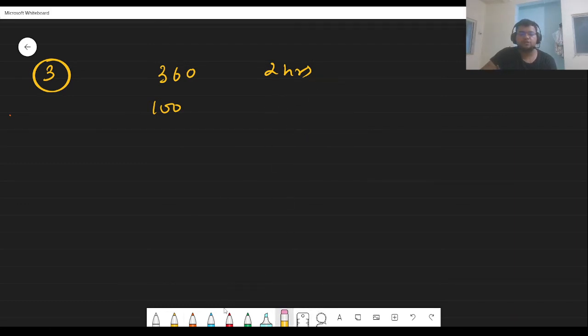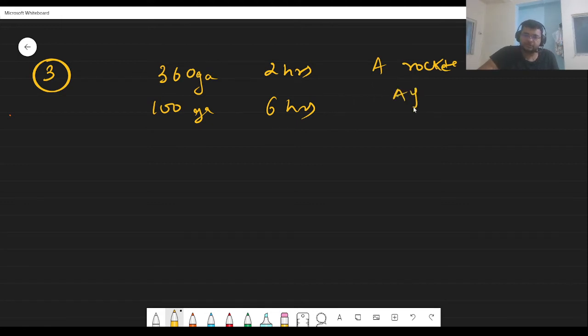Fine. So I will read out the question. It is saying that a rocket has been launched into space, and after 2 hours of its launch, 360 gallons of fuel is remaining in its tank.